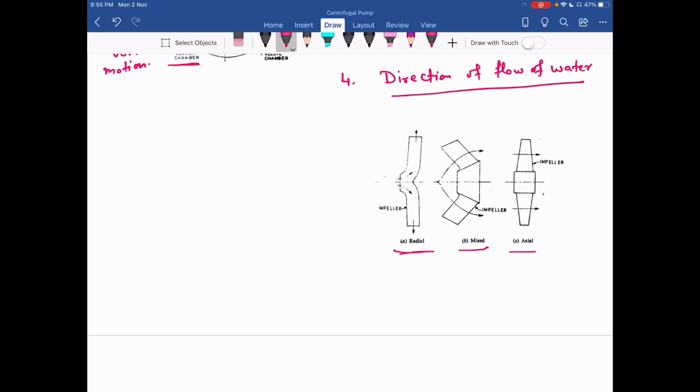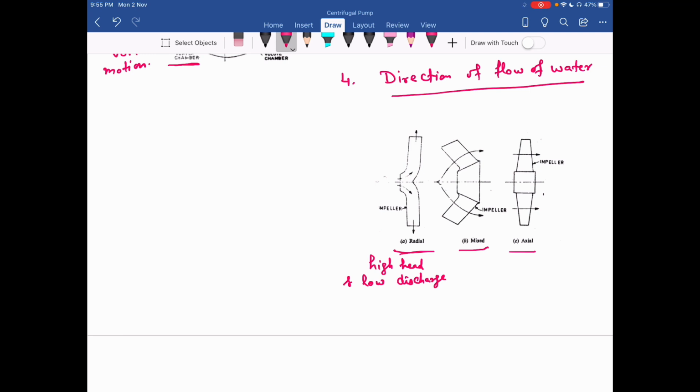So radial flow is one in which the flow is only in radial direction within the impeller. Okay. So this type of pump is used when there is a requirement of high head, low discharge. Okay.